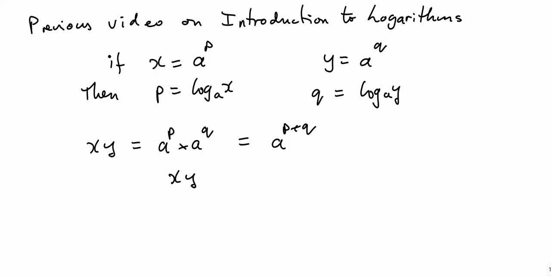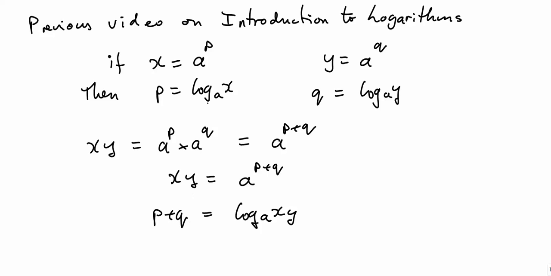So we have xy is a to the p plus q, and in the same way that a to the power of p can be written as p is log of x to base a, we can write p plus q, the thing that's in the power, is equal to log of xy to the base a.